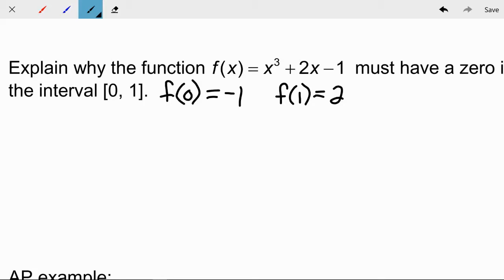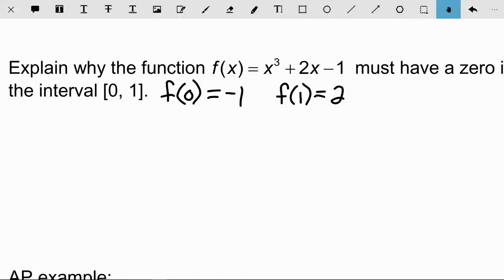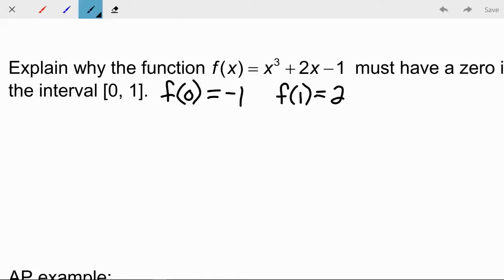Okay, so you can word this in different ways, but the important part is you've got to have the pieces, and I'll show you the pieces that are important at the end. So I'm just going to write a statement here.